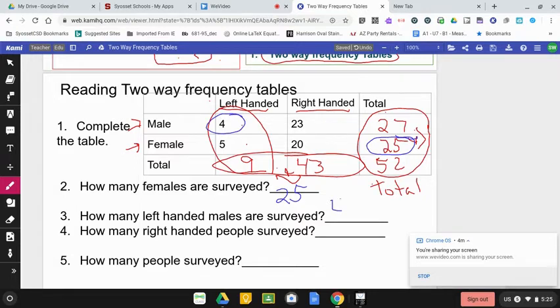There are 4 males who are left-handed. How many right-handed people? Well, it doesn't seem to matter if they're male or female. How many right-handed people, we go to the column of right-handed people, 43, whether male or female, are right-handed. And the grand total of how many people are surveyed, we can see on our chart, is 52.